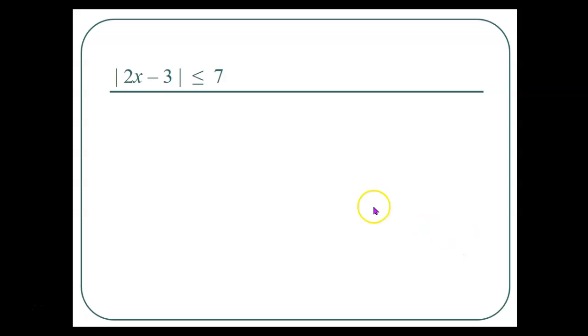Now, a harder example. The absolute value of 2x minus 3 is less than or equal to 7. So remember the rule. When you have the absolute value of some expression less than or equal to some number, the expression has to be between negative and positive that number.